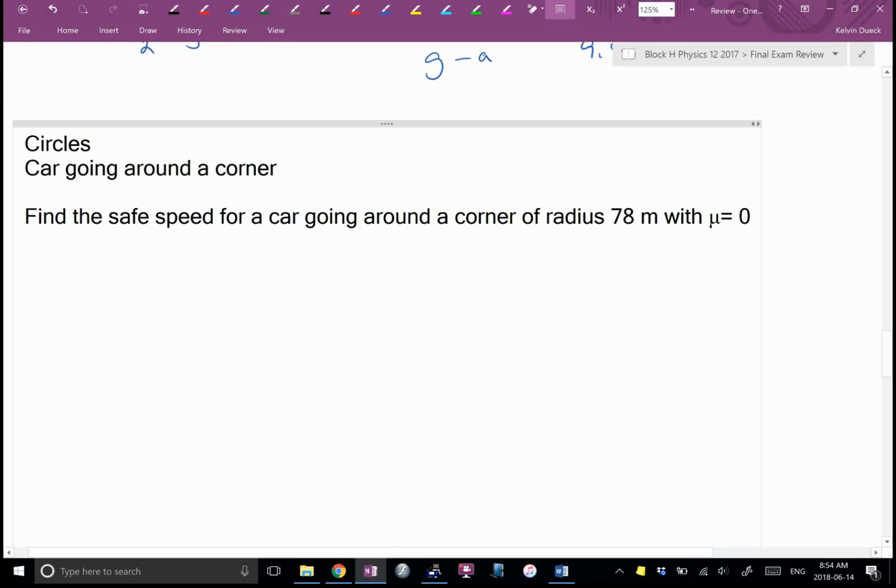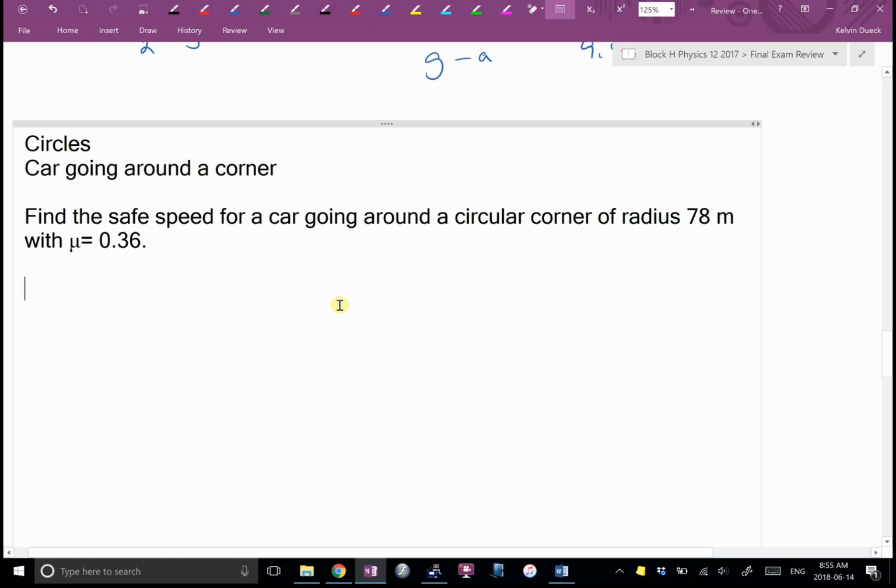But you know what? Let's make it slippery. 0.36. Okay. I should also have added the adjective circular corner. Most of you would include that when I said the word radius, but I have to be fussy. Okay. What was our free body diagram?